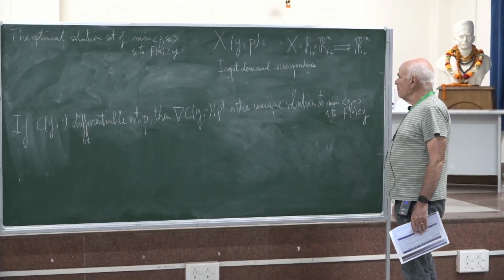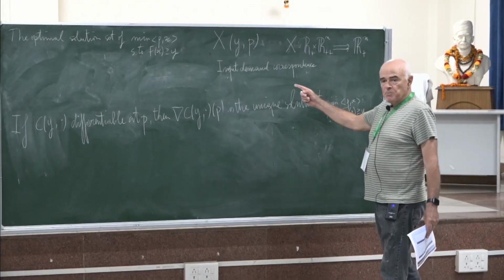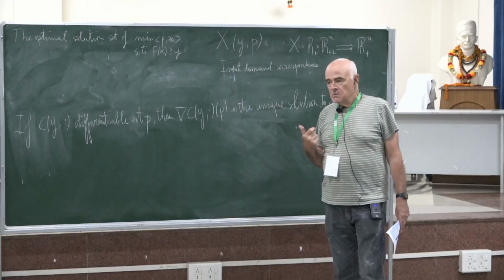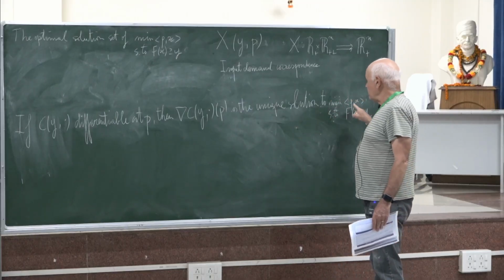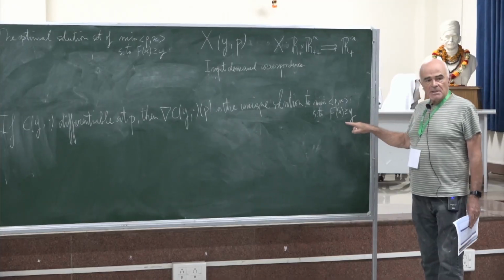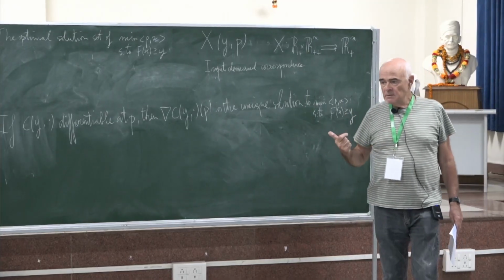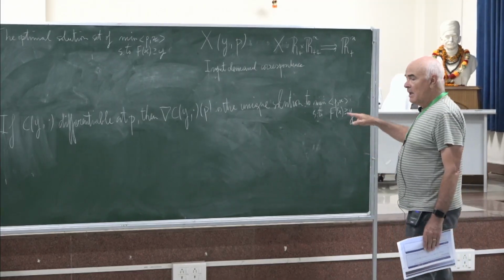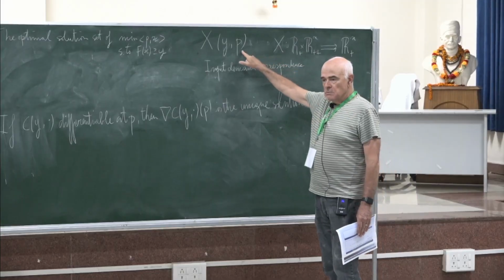Then, input demand correspondence, because of course I am the producer. I know that the prices are p. I have no influence on prices. My desired output level is y. So I need inputs, and this will be my demand for inputs.